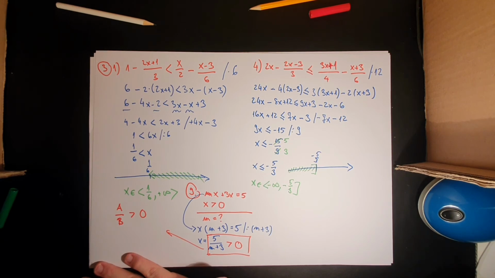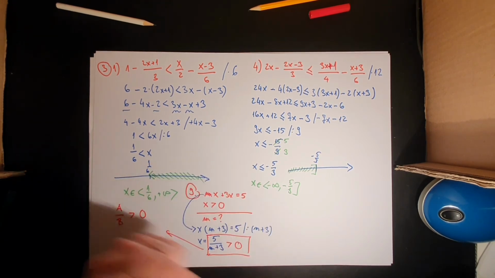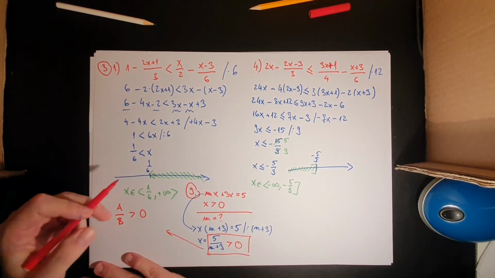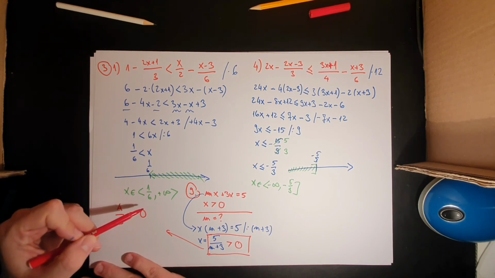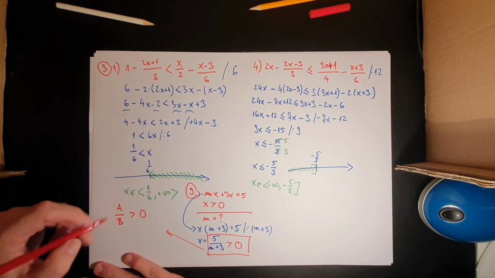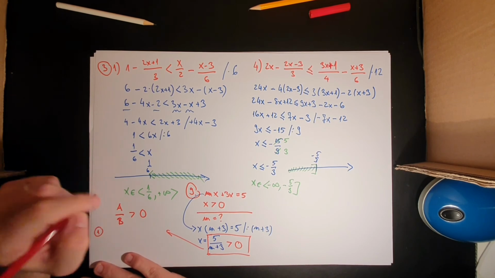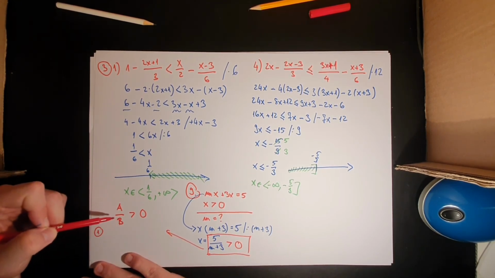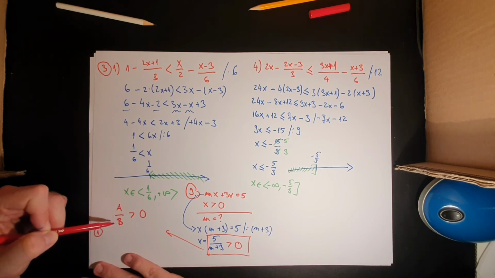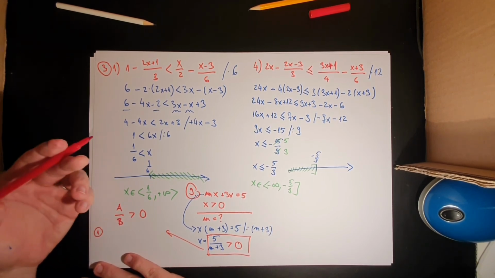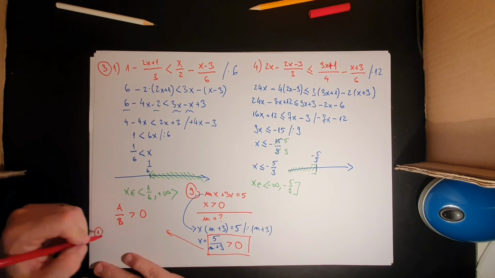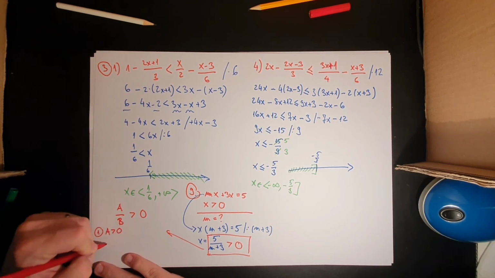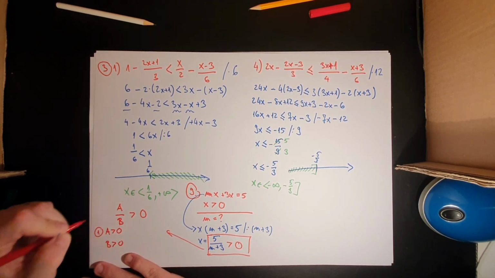Now, there are a couple of situations which you can look at. If you divide two numbers, when is their result going to be positive? Two situations are going to appear. Either both of them are positive. If you divide a positive number by another positive number, the result is going to be positive. So a is greater than 0 and b is greater than 0.